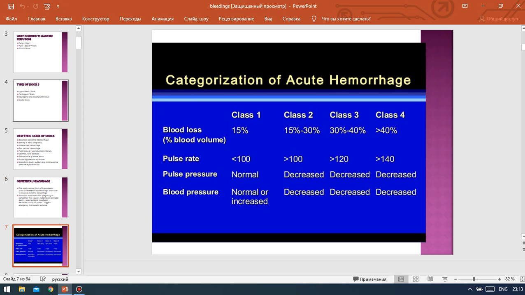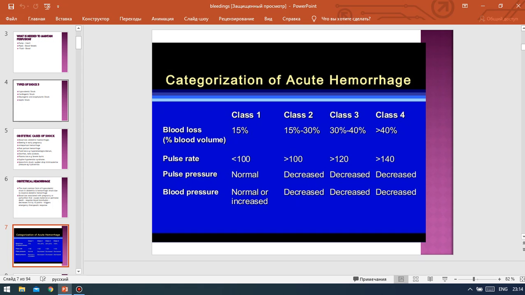Categorization of acute hemorrhage: in class 1, the blood loss is up to 15%, but pulse rate, pulse pressure, and blood pressure are normal. When we have abnormalities, as in class 3, the blood loss is 30 to 40% and the pulse rate is more than 120 and blood pressure is decreased.